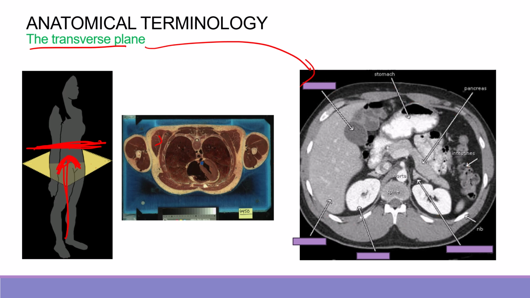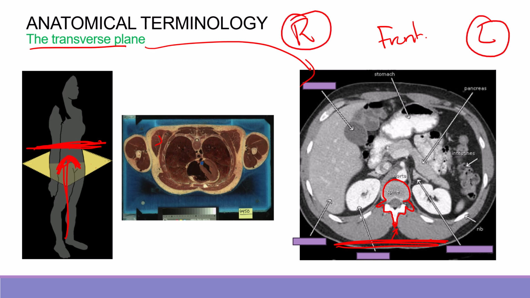This is the spine, the vertebra, and this part of the vertebra is the pointy part, the one that you can touch in somebody's back. So if you know this is the back, you know this is the front. And if this is an inferior view, looking from the bottom, that means this is the right side of the patient, and here will be the left side of the patient.